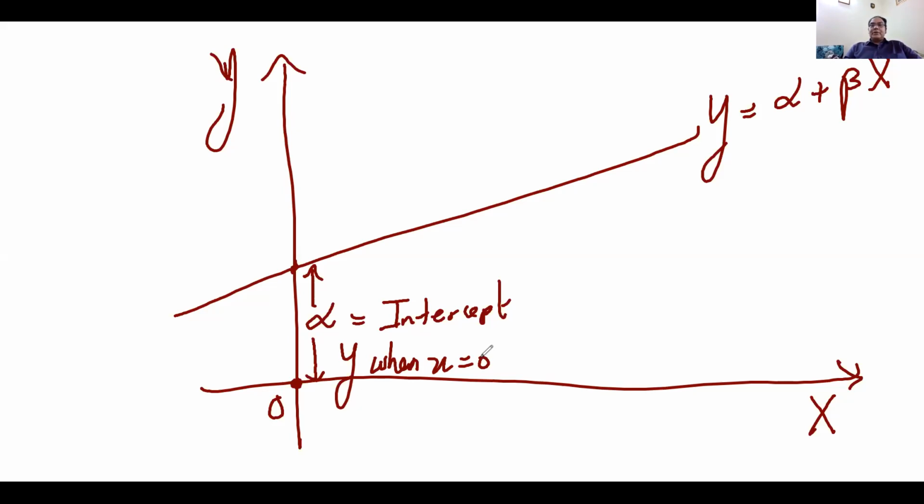Now I'm showing you beta. How can we represent beta in this line? Suppose we change x by 1. This is the change in x, so we change x from this point to this point, and suppose this change in x is equal to 1 unit. How much will y change here? This is the change in y.